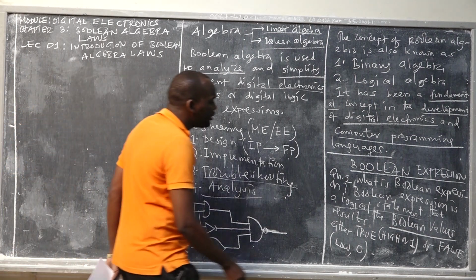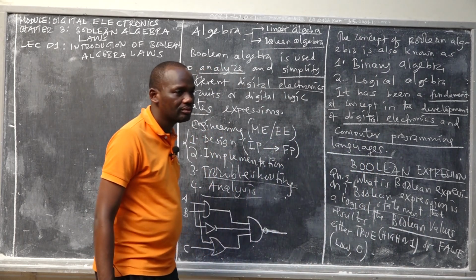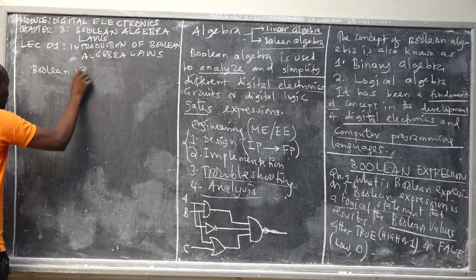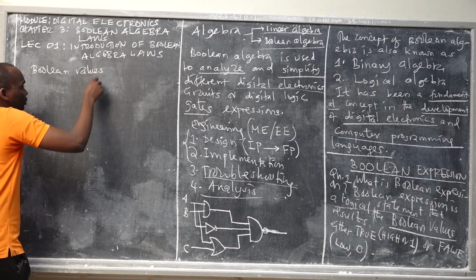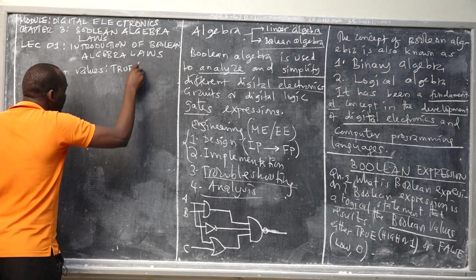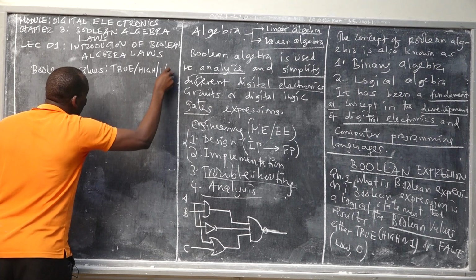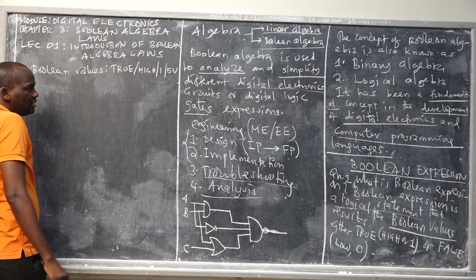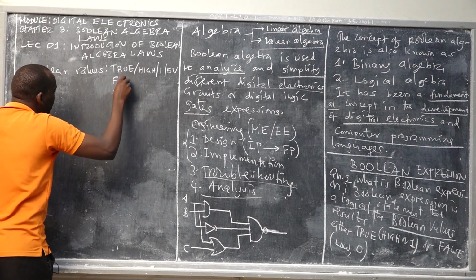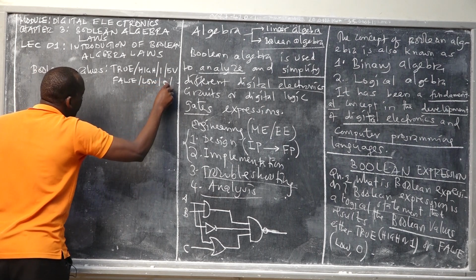Okay, so he said that this is a logical statement that results in Boolean values. When you talk about Boolean values, just to clarify this concept, we have only two Boolean values. Boolean values can be true, or high, or 1, or sometimes 5 volts. And the other Boolean value is false, or low, or 0, or 0 volts.